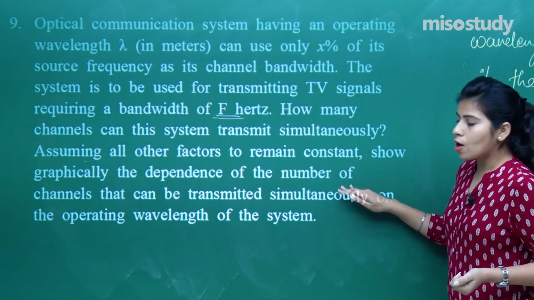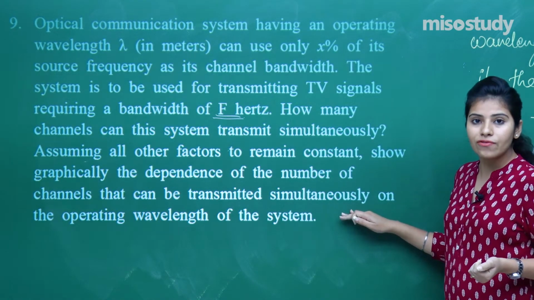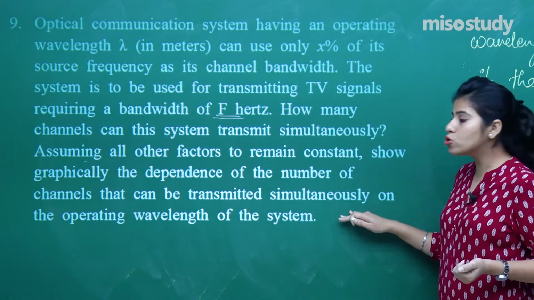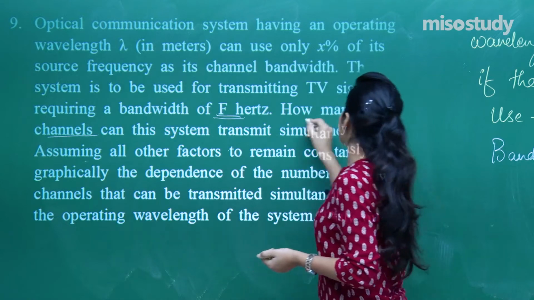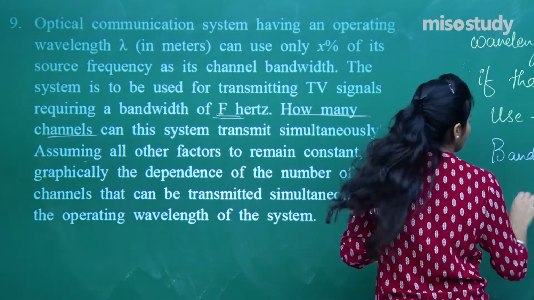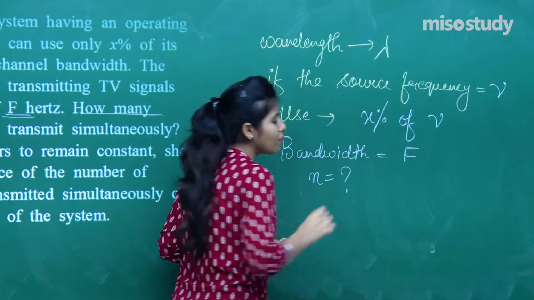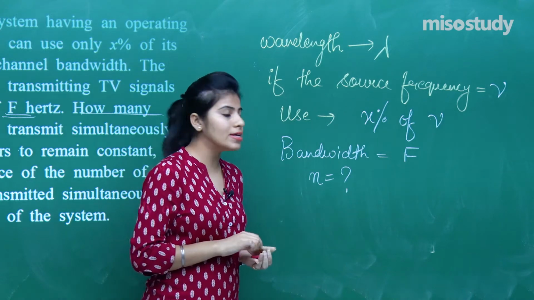So to show the graphical representation, first of all we should do one thing, we should find out the number of channels, how many channels. So n we have to find, suppose the number of channels is n.